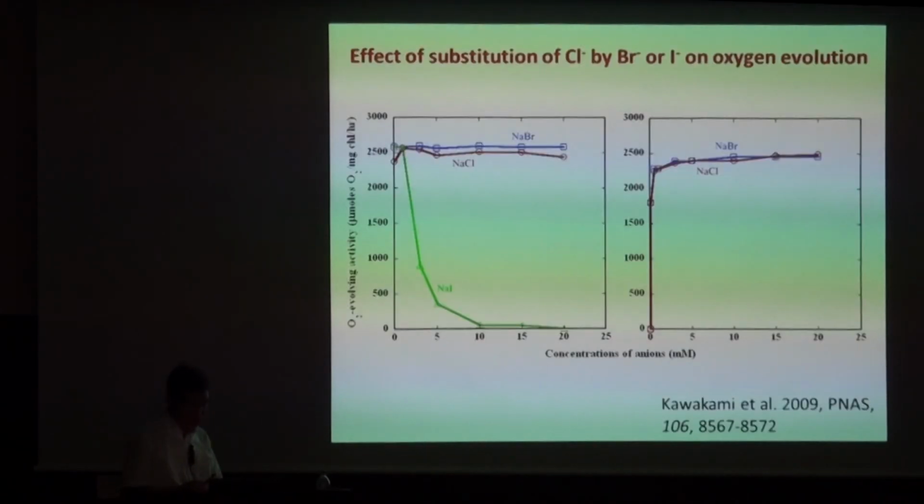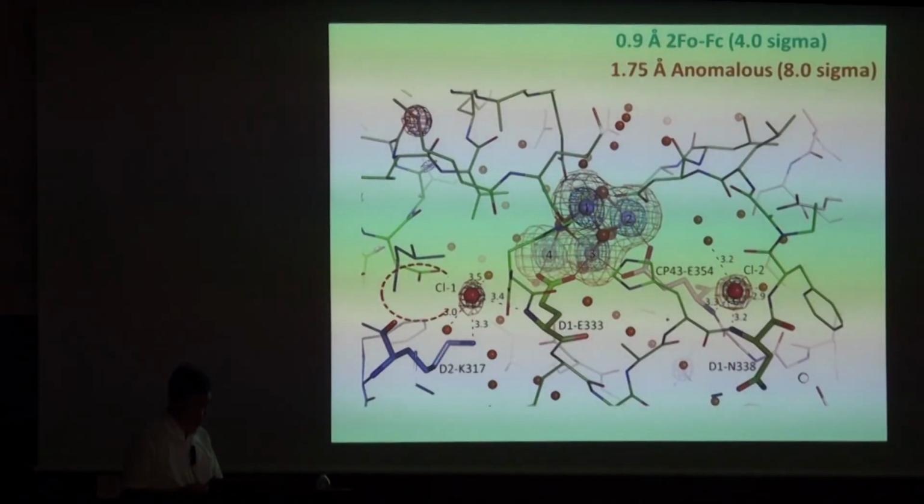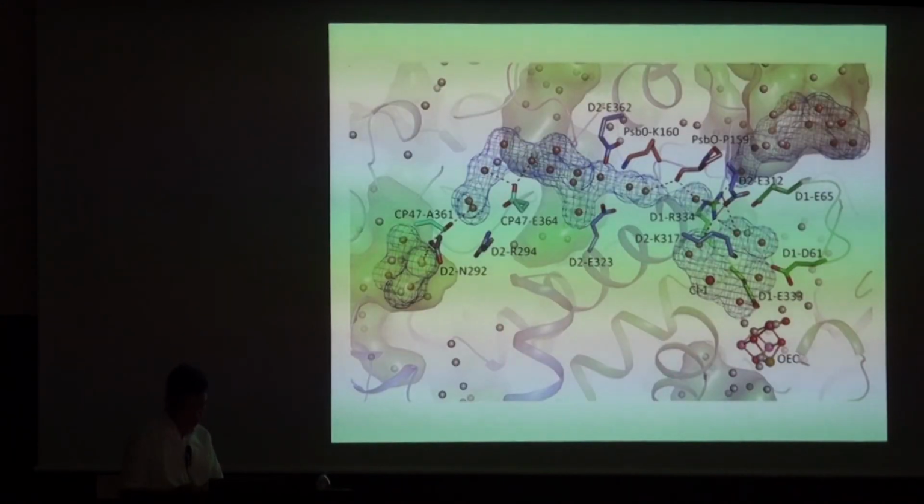Okay, there's another well-defined proton network, a hydrogen bonding network, which is maintained by a chloride ion here. It also starts from the manganese ion cluster, goes through several amino acid residues and water molecules, and then goes out to the surface of the protein complex.